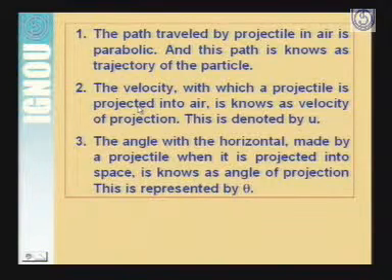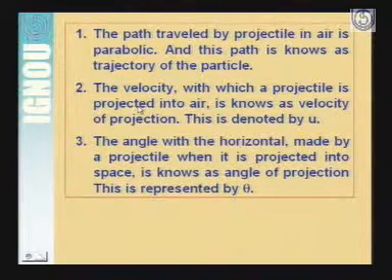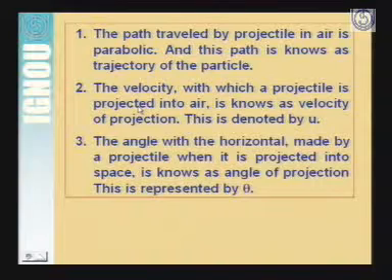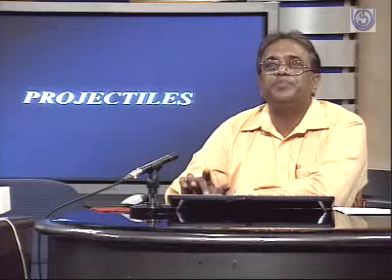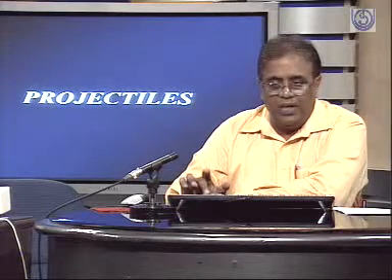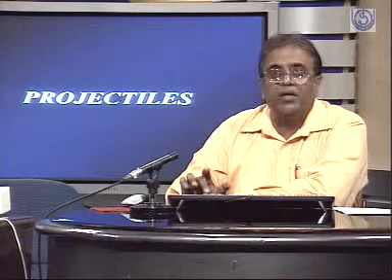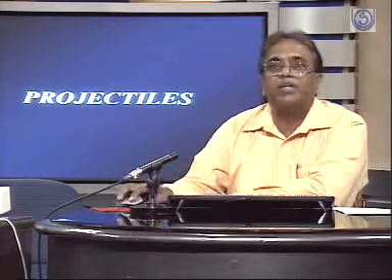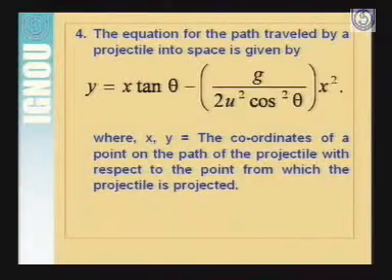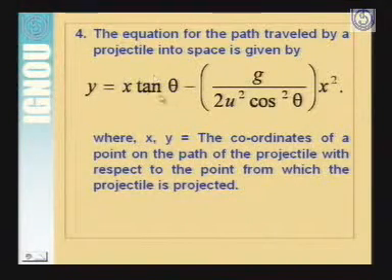The angle with the horizontal made by the projectile when it is projected into space is known as the angle of projection, and this is represented by theta. And we have also got the expression for the parabolic path, that is y is equal to x tan theta minus g divided by 2 u square cos square theta x square, and this equation is the equation of a parabola.